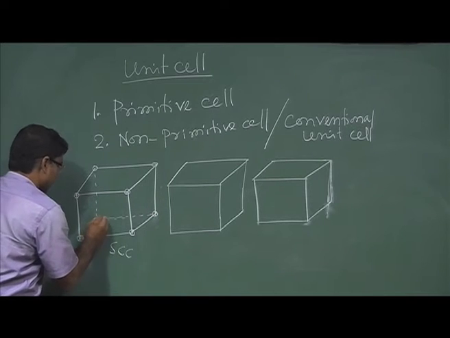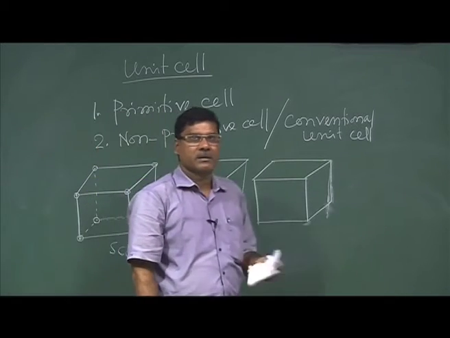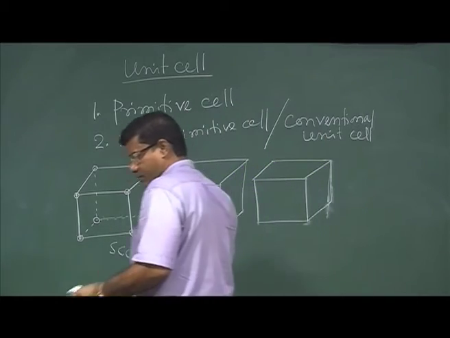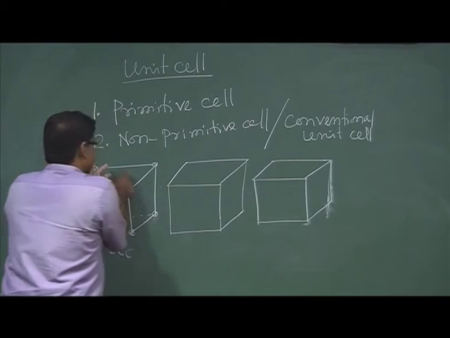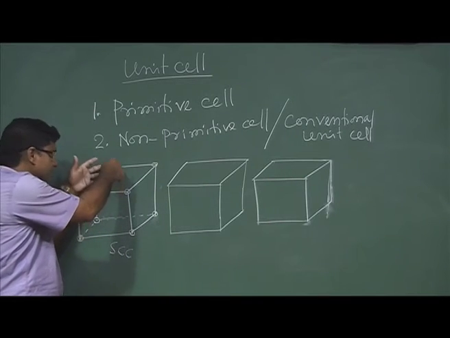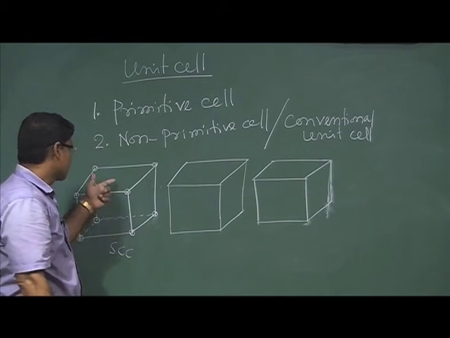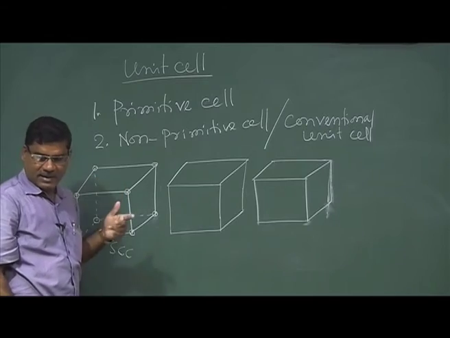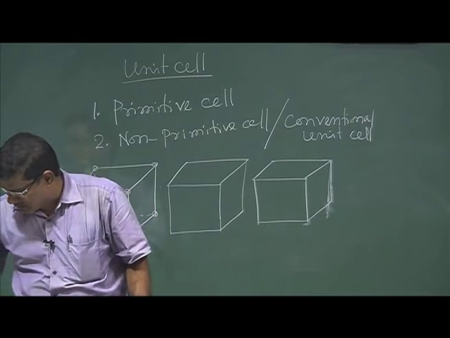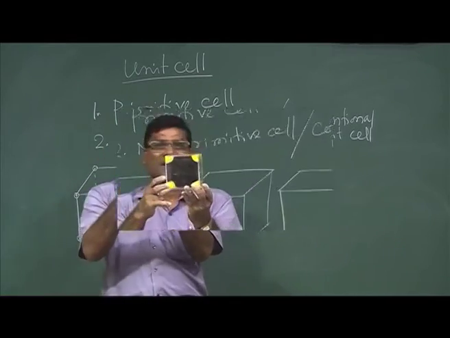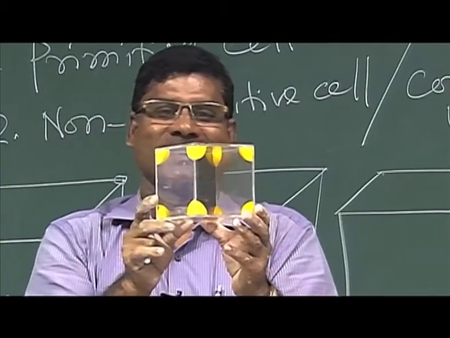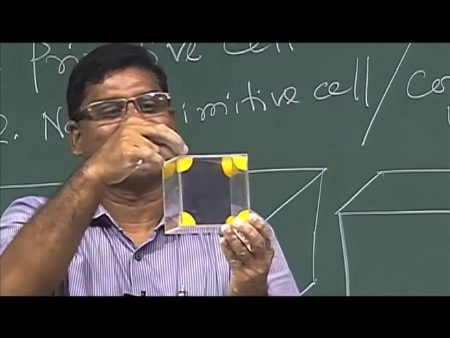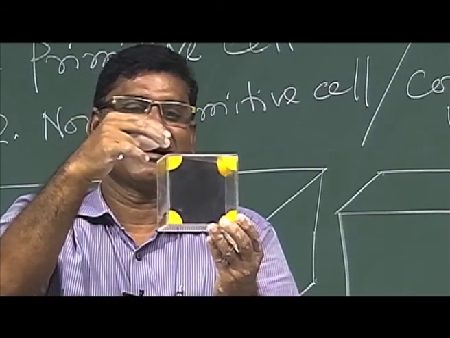Here I have shown you that the number of lattice points per unit cell is 1. How is that? I explained: this cube has 8 corners, and each corner has a lattice point.